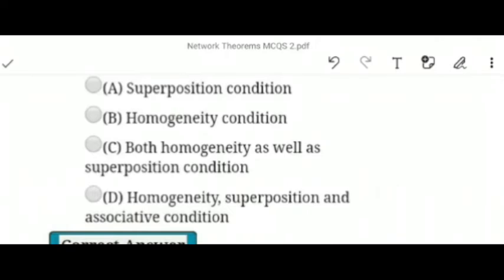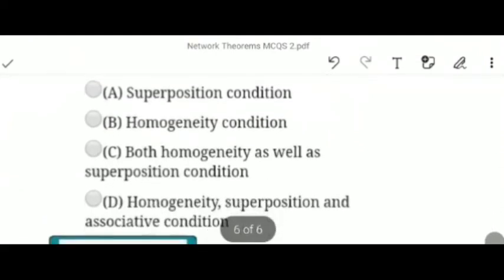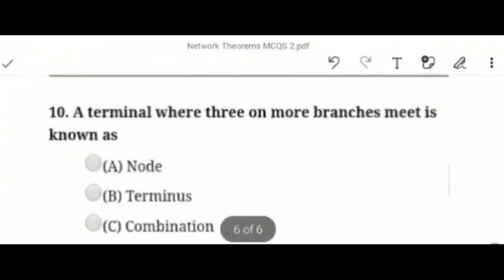So a non-linear network will not satisfy homogeneity or superposition condition. So option C will be the correct answer.